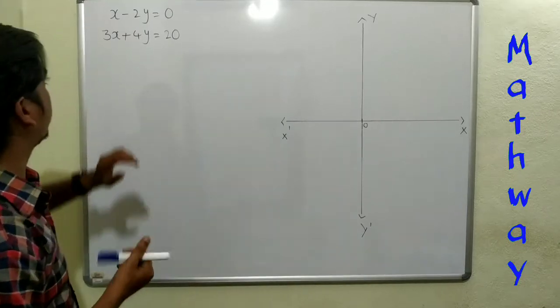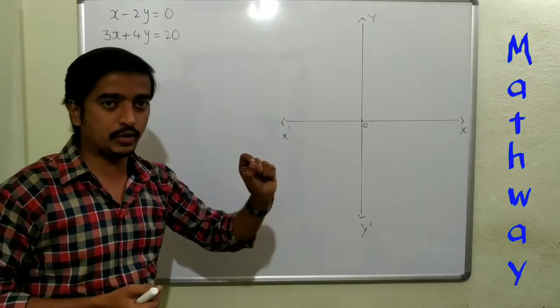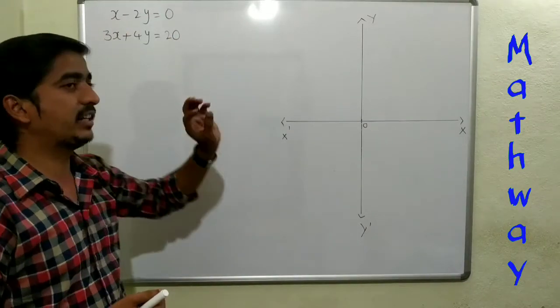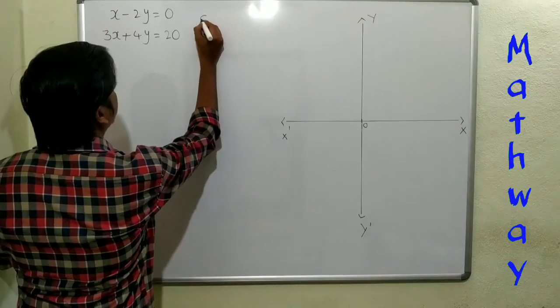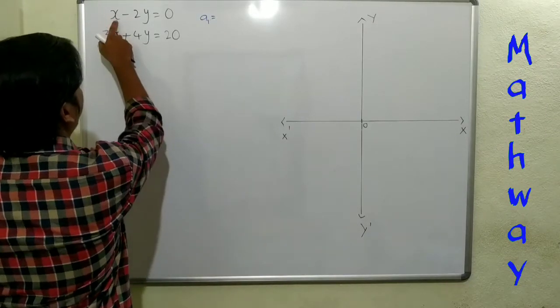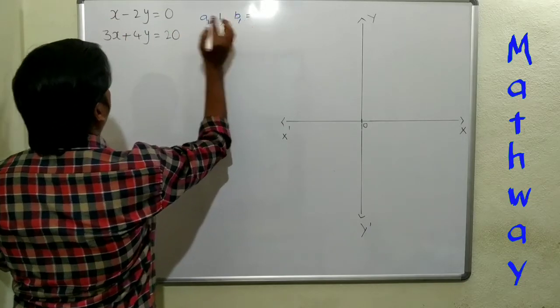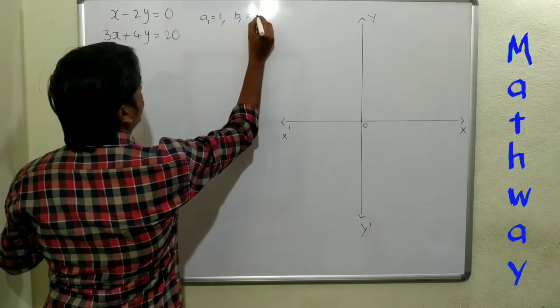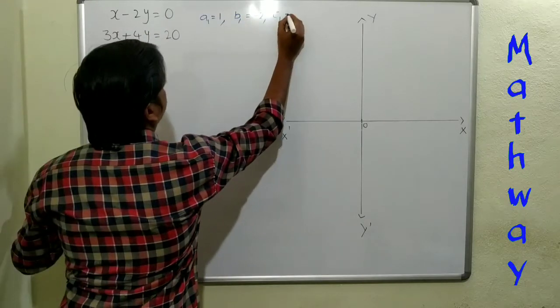Let us check the ratios a1 by a2, b1 by b2 and c1 by c2. From the given pair of equations, write the coefficients a1, b1, c1. Here a1 is the coefficient of x, that is 1, b1 is the coefficient of y, that is minus 2, and c1 is the constant term 0.